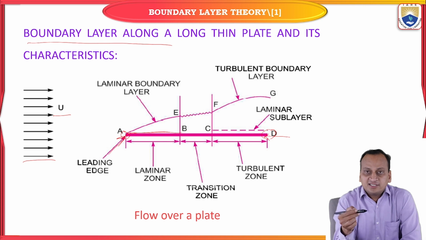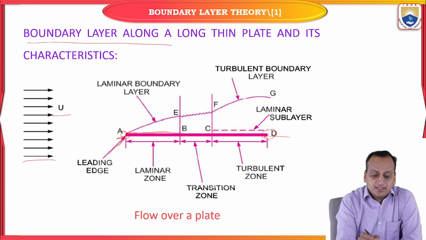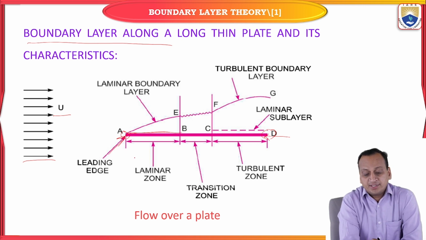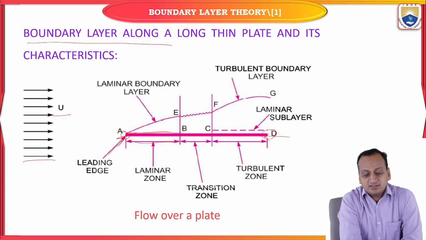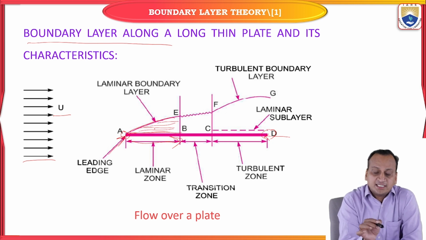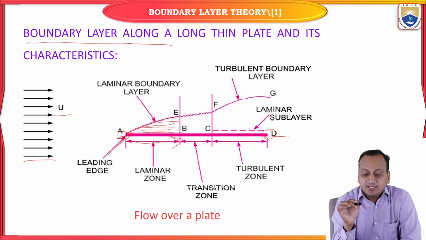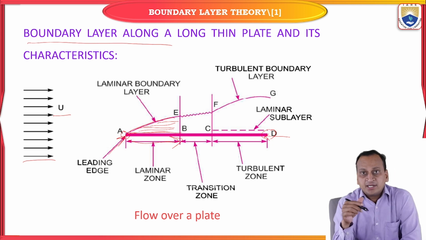All those retarded fluid layers will form the boundary layer, and the boundary layer will vary over the length of the long plate. Up to this length of the plate, the fluid particles in this boundary layer will exhibit a laminar pattern.